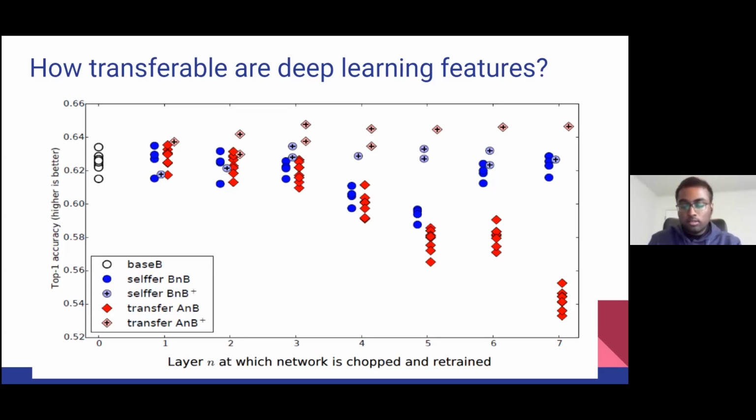In that case, the dataset that you use would be similar to ImageNet, so the features of the last few layers will be helpful for your target dataset, and it will give good performance. But if your dataset is different, then there will be a performance drop.